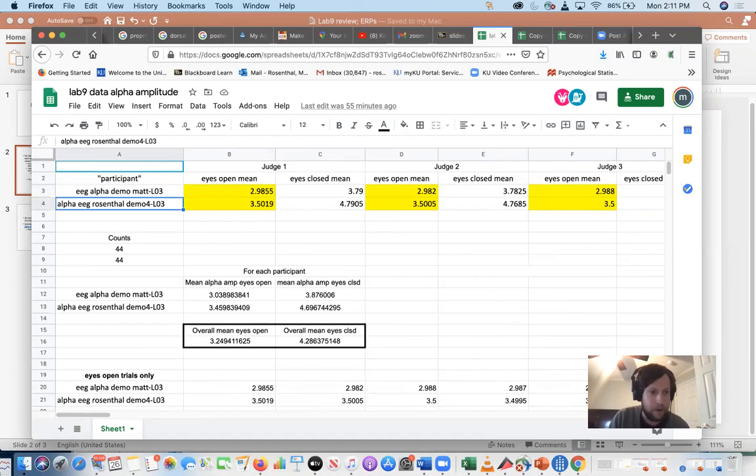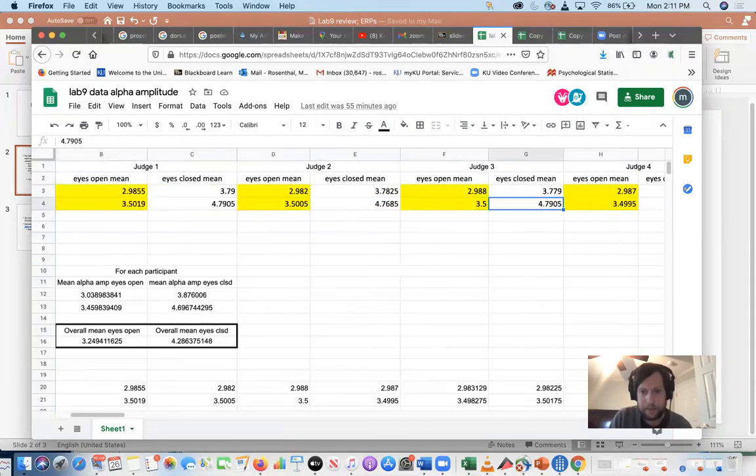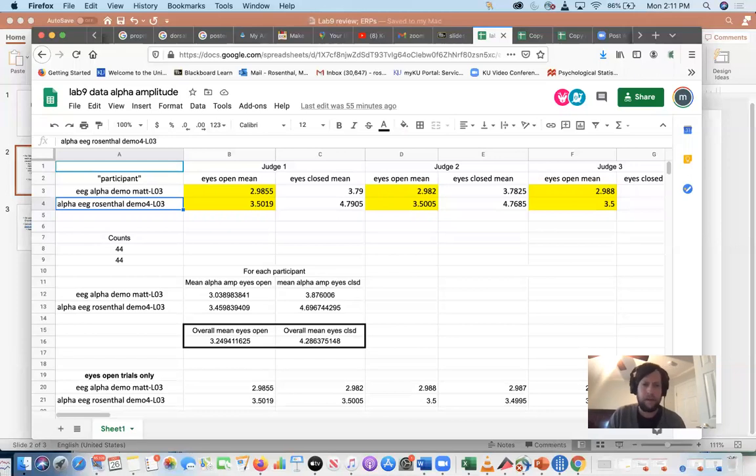And then there's also the participant alpha EEG Rosenthal demo 4 L03, and you can see that person's amplitudes for these judges. Looking right here, it's clear that one of these two participants had overall higher alpha amplitude on that day compared to the other. And that participant is alpha EEG Rosenthal demo 4 L03.